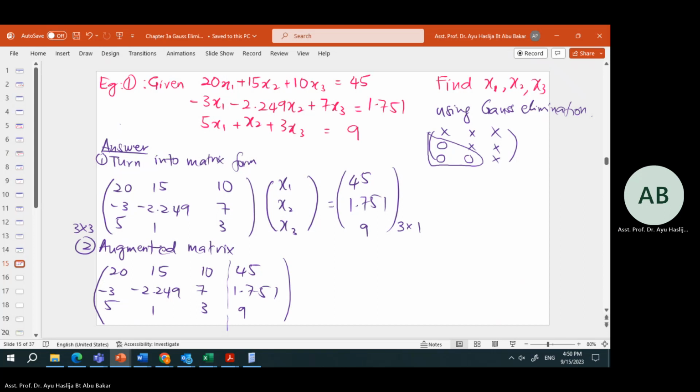Okay, so next step, zero the bottom triangle.